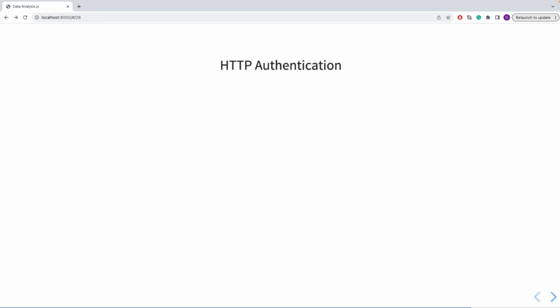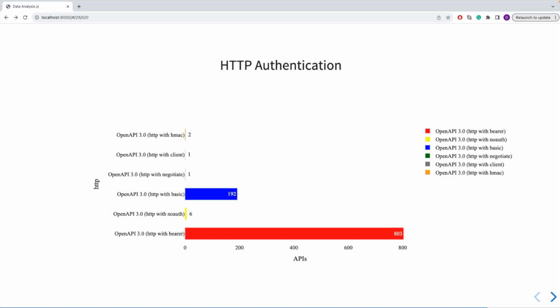We can also study other protocols like HTTP authentication. For example, we can find all the types of HTTP authentication in the database. We can see a tendency in the database of APIs using HTTP with bearer for 103 APIs.